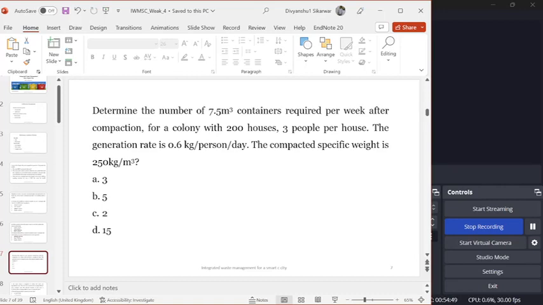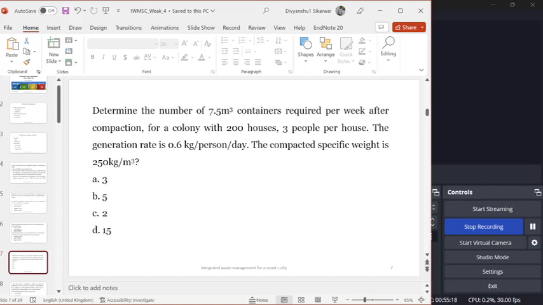So now total volume of waste is 10.08 divided by the volume of one container, 7.5, which will give us around 1.344 containers, which will be rounded off to two containers per week.